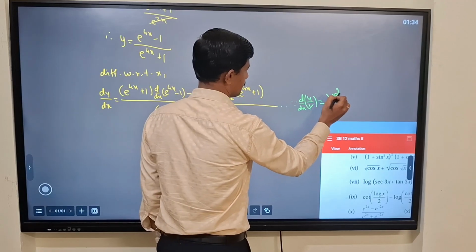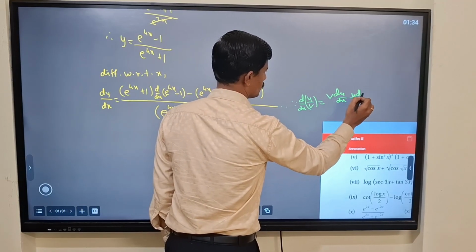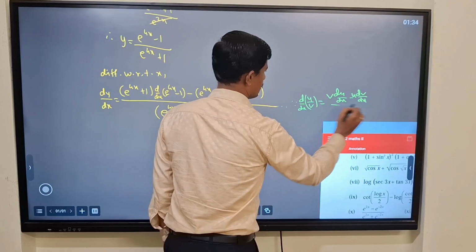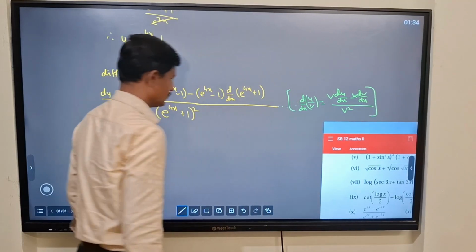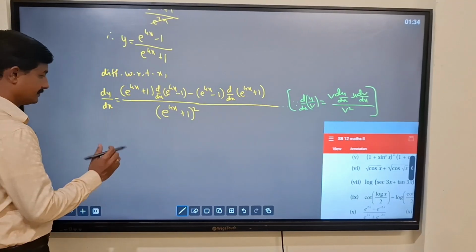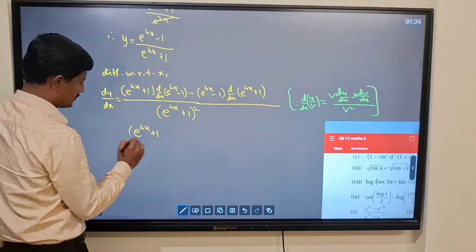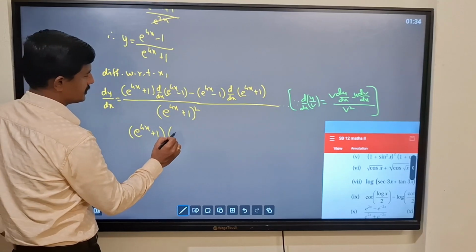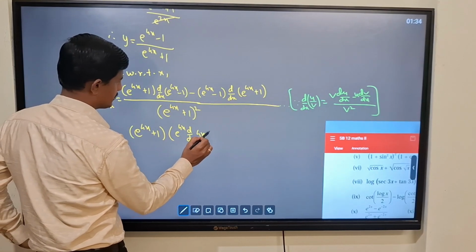This becomes v du by dx minus u dv by dx upon v square. Now the differentiation. This becomes e raised to 4x plus 1. Differentiation of e raised to 4x is e raised to 4x d/dx of 4x.